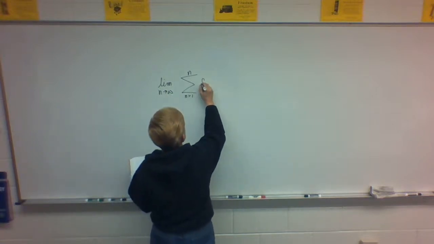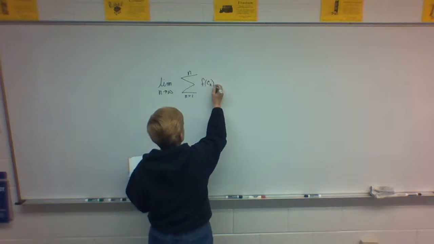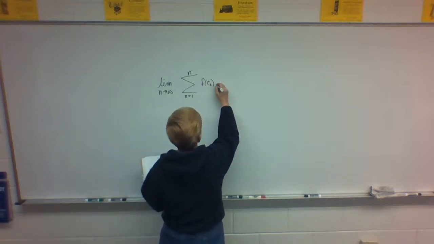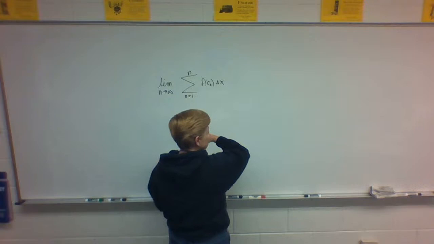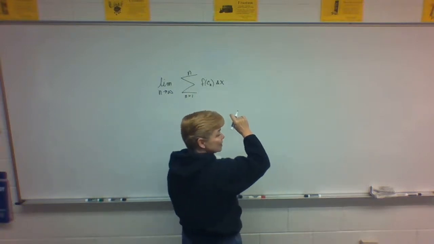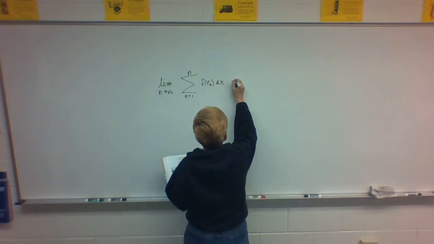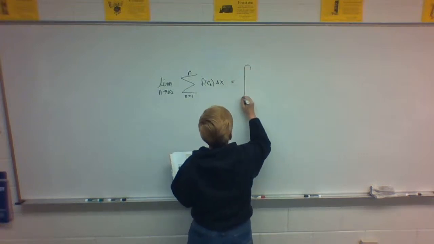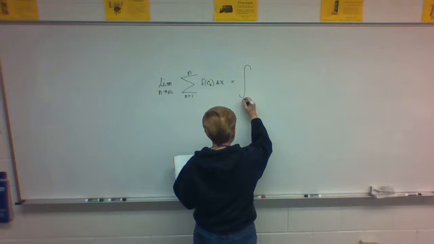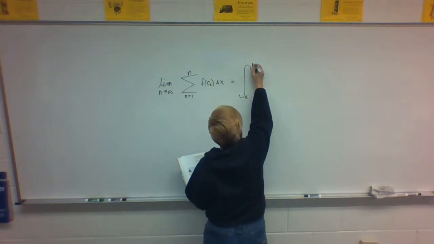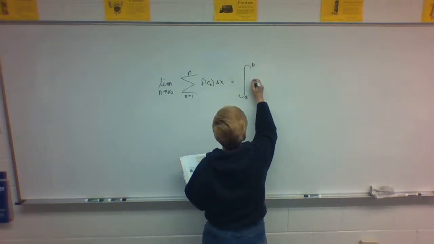And we have f of c sub k. That's one part you may not recognize because I didn't talk to you about it. It was on the previous page, and I didn't feel like it was important. I'll talk about the part that is important on this one. And we're going to say that that's equal to this notation, which is what Leibniz used, the integral from a to b of f of x dx.